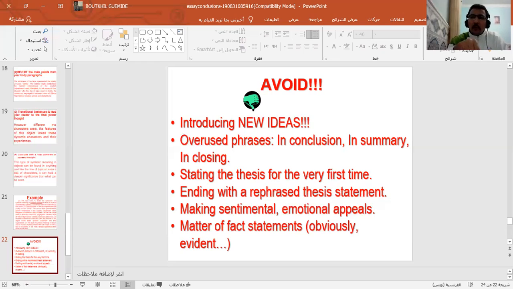For your reader, a conclusion with a new thesis statement means that you're going to start discussing it. No, the thesis statement must be indicated in the introductory paragraph; in the conclusion, you just need to rewrite it in other words.